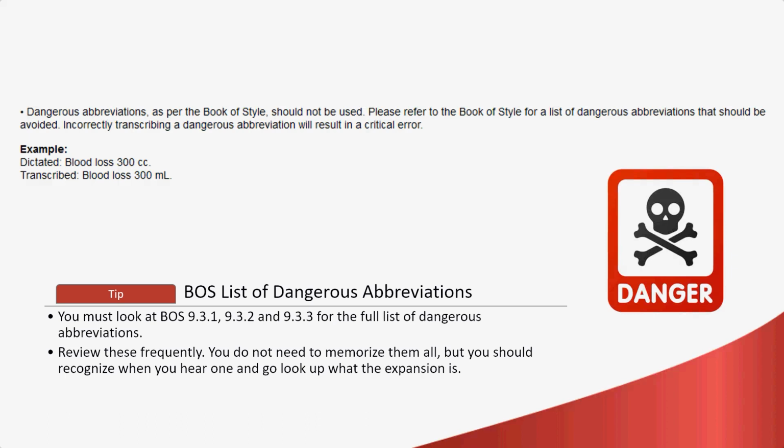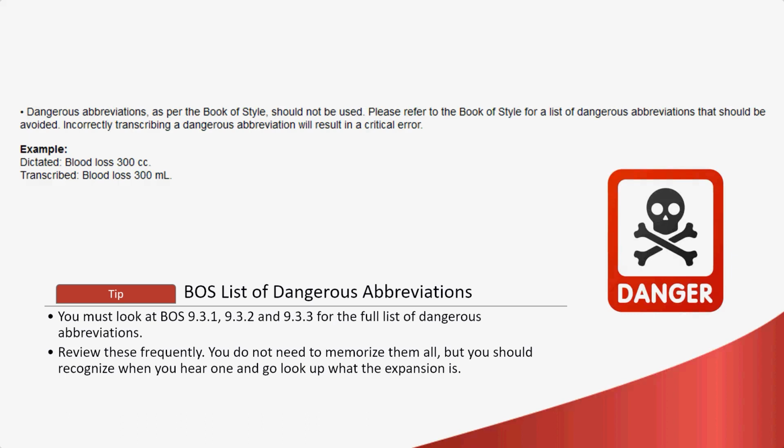So I found that once I got pretty comfy with them, I would just quickly read it over every couple of weeks, because I didn't want to forget any. And sure enough, there would be one that just came once in a blue moon, and I'd be like, I think that's on the list, and I could go look it up. So just as a suggestion, I do highly suggest that you review them frequently.